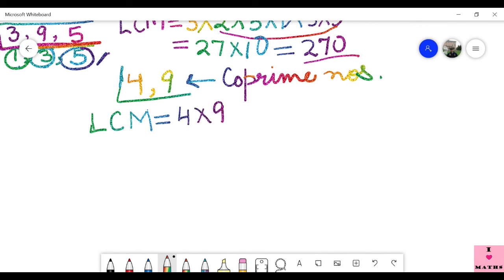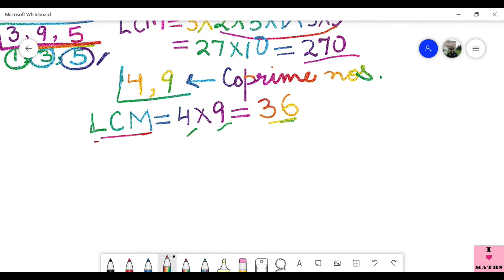So you are supposed to multiply these numbers and that product will be their LCM. So 9 4s is 36. So 36 is the LCM of 4 and 9.